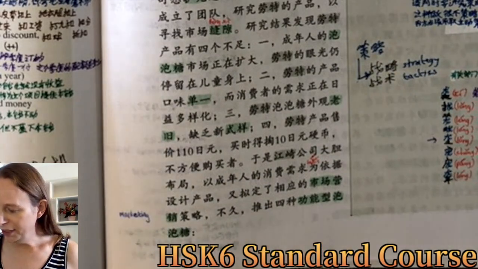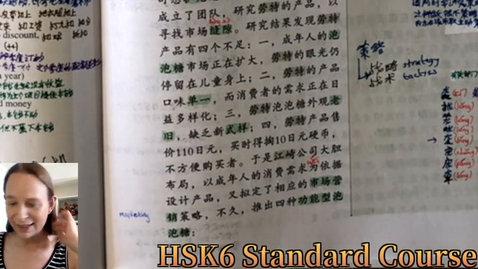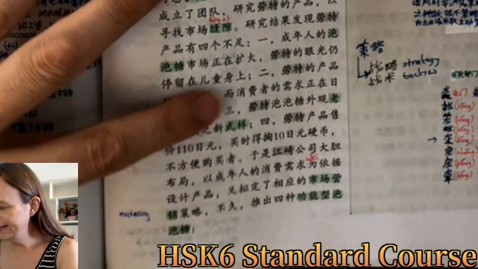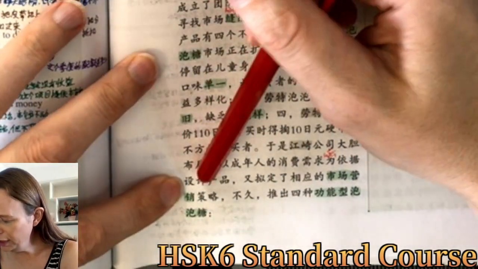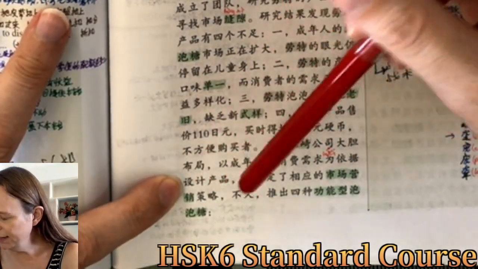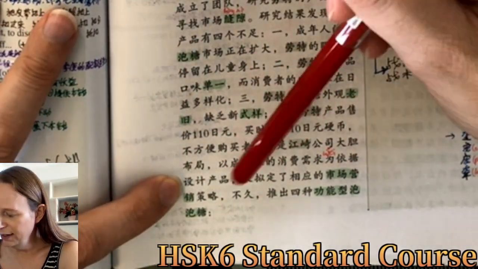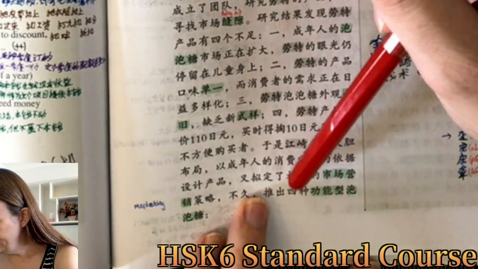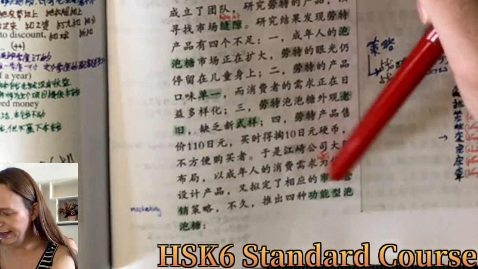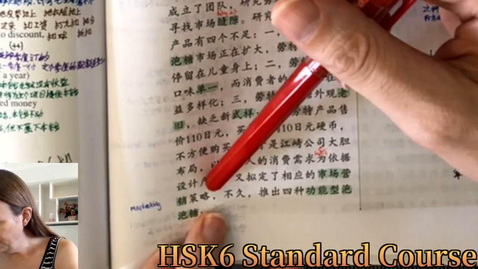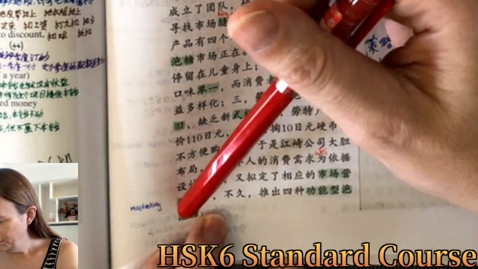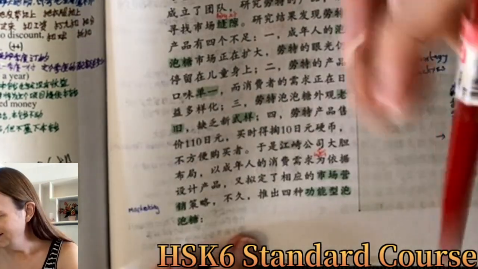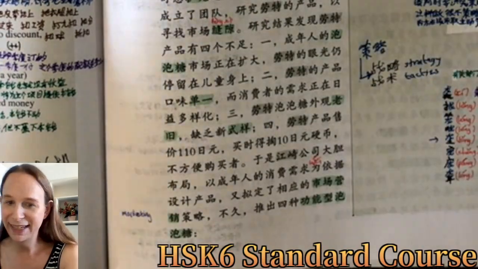Yeah, there's also 未成年人 which is minors, right? 消费需求, so consumer needs as a basis. 设计, this is the verb. 设计产品, design the product based on adult consumer needs. 又拟定了相应的市场营销策略。So a marketing, yeah, we talked about this, marketing strategy. And maybe marketing is just marketing in general.